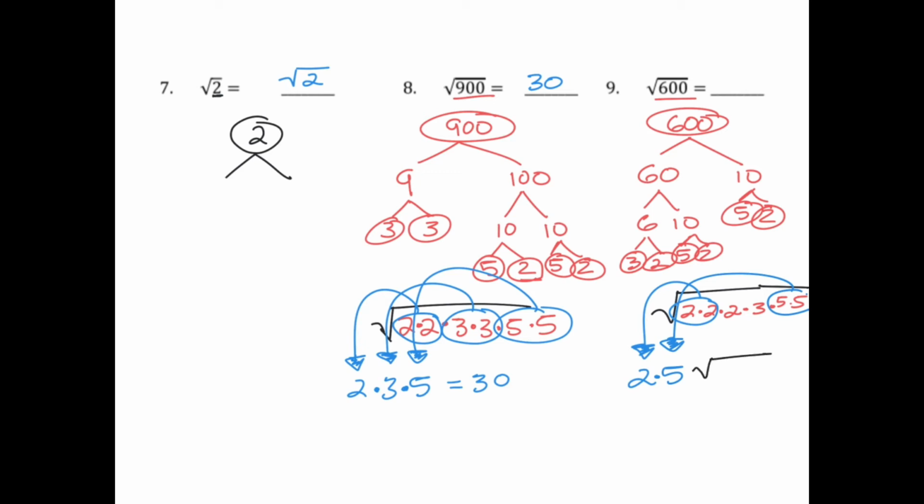So what I have left inside my root is 2 times 3. What's my final answer? 2 times 5, 10. Then we have our root, 2 times 3, 6. So the most simplified way of saying the square root of 600 is 10 square root of 6.